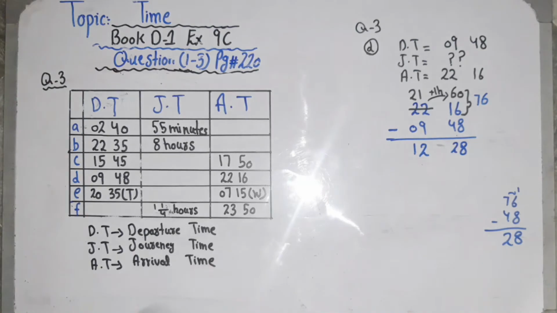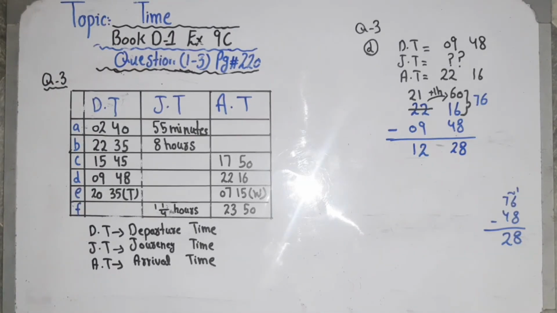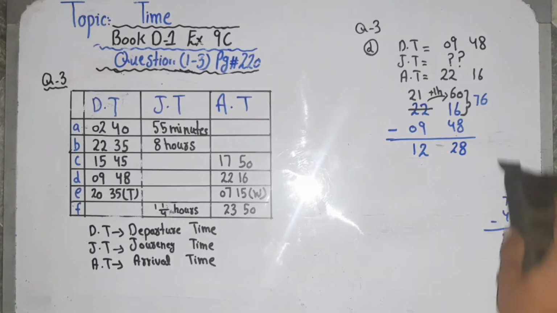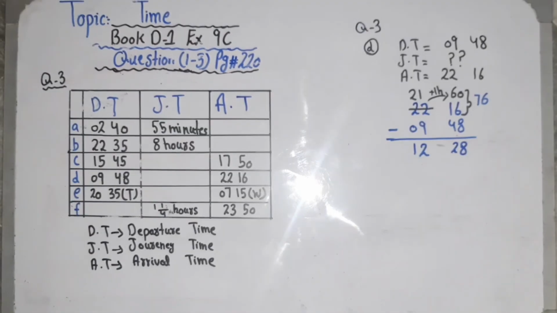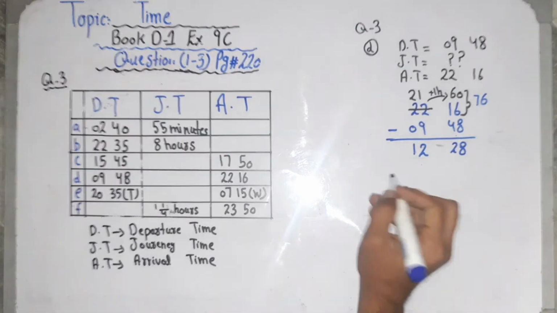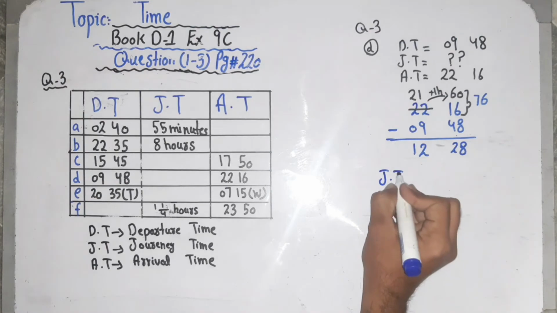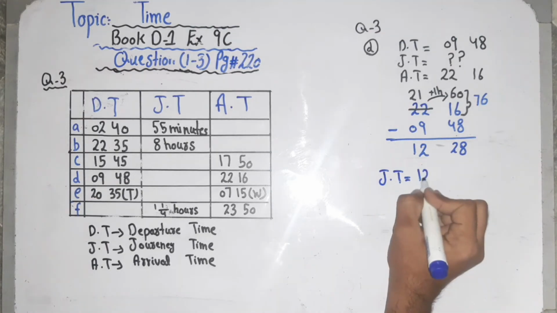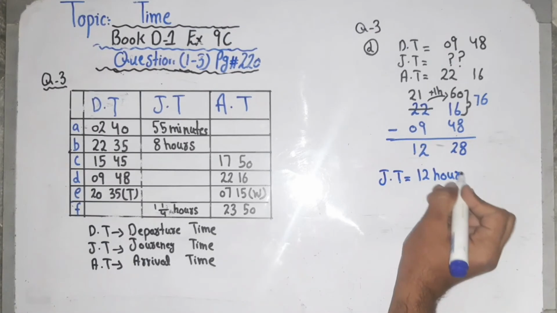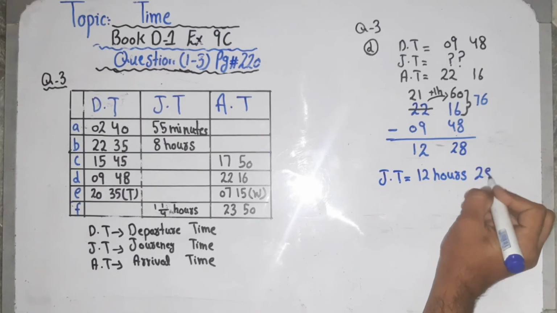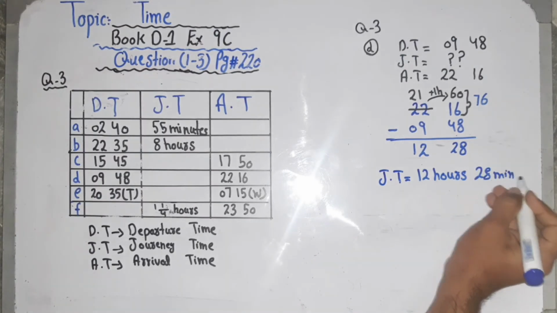The time is 12:28. So this is journey time. Always write the journey time in hours and minutes form. So we have journey time equal 12 hours 28 minutes.